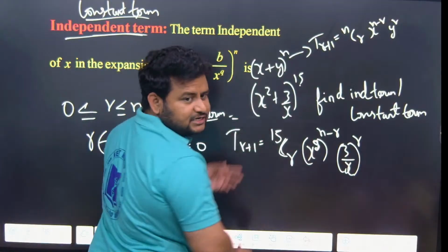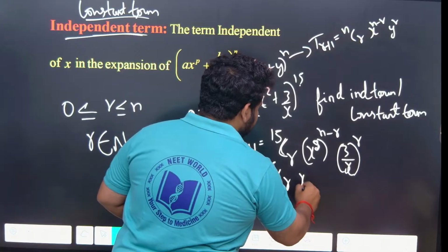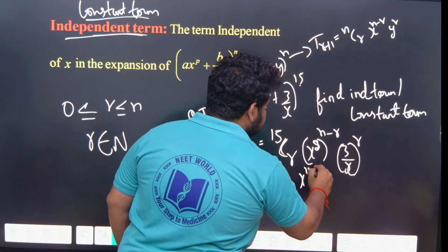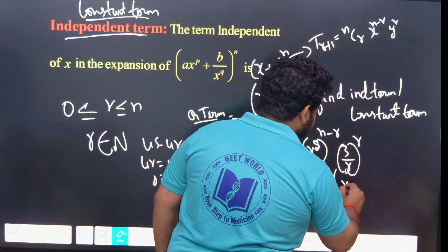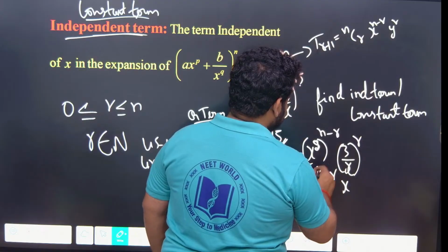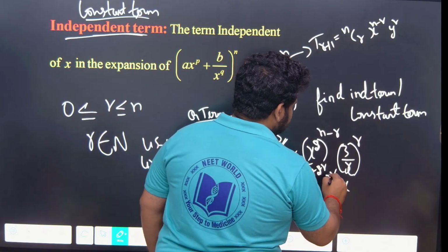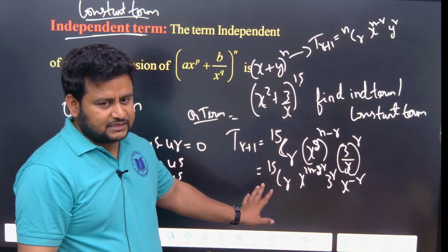If I make it square instead of cube, what will this become? 15Cr x to the power of 2n minus r, 3 to the power of r into x to the power of 2r? 2n minus 2r. Okay, 2n minus 2r, 3 power r, x to the power of minus r we are having.